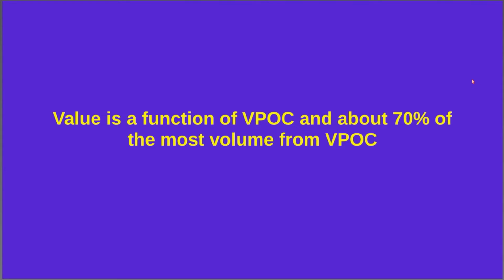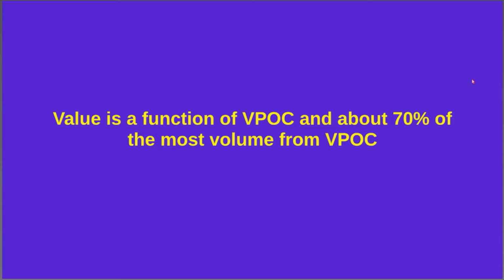The value area is pretty simple. It's always a function of VPOC, volume point of control, and represents one standard deviation, or 68.2 to 70% of the most volume from the VPOC. So it's easy to understand how it's calculated. Volume point of control represents the most volume at a price.